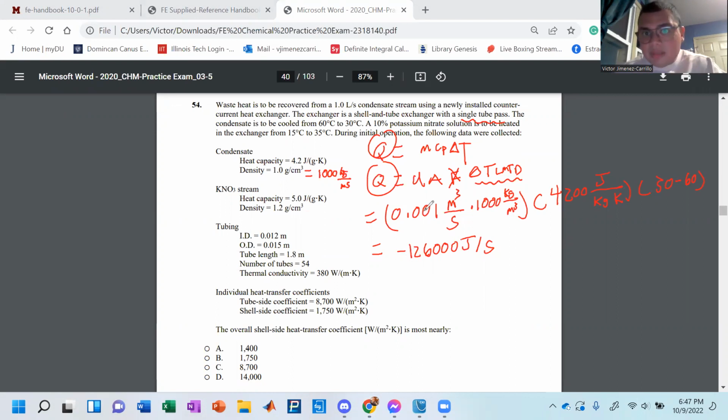So we have Q. A, we can calculate simply using the area of a tube, which can be described as pi L D N. N stands for the number of tubes in the overall heat exchanger. Pi is a constant.